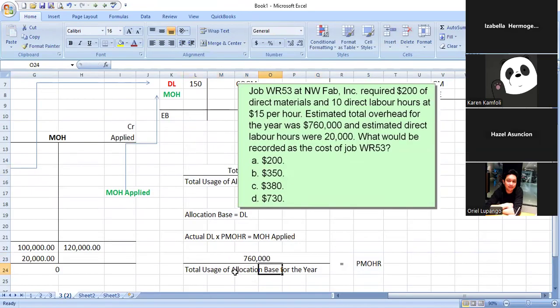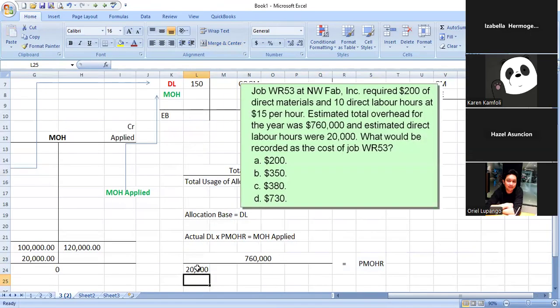What will be my denominator? 20,000. So once I have those two, I can come up with my predetermined overhead. How much is it? 38. 760 divided by 20, right? $38 is my predetermined overhead.